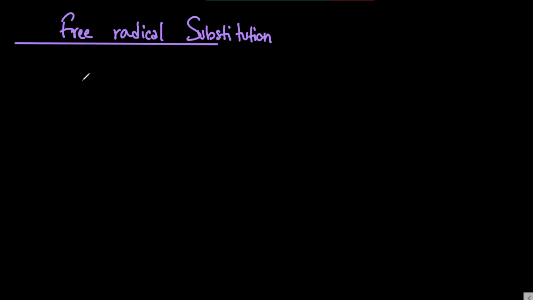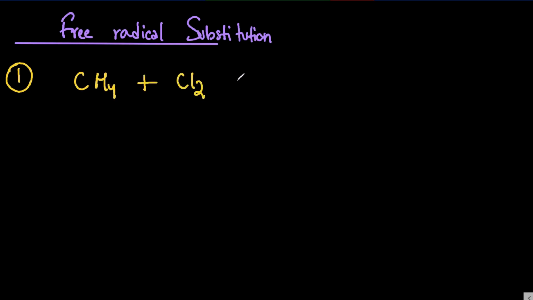For example, what we learned in our O levels is that if you have methane and react it with chlorine under UV radiation, you get CH3Cl and HCl. Since one of the hydrogens gets replaced by chlorine, we say it's a substitution reaction, but we never called it free radical back then.